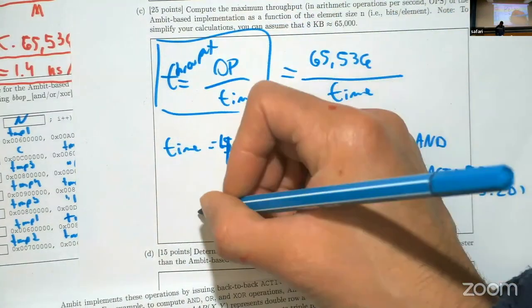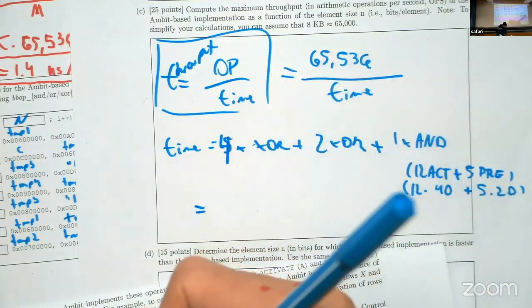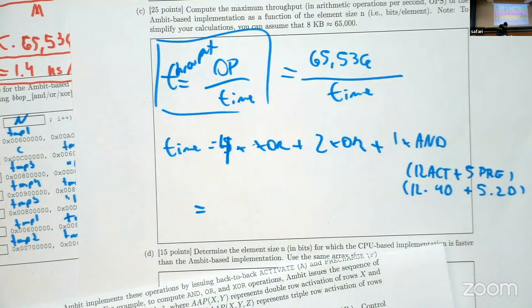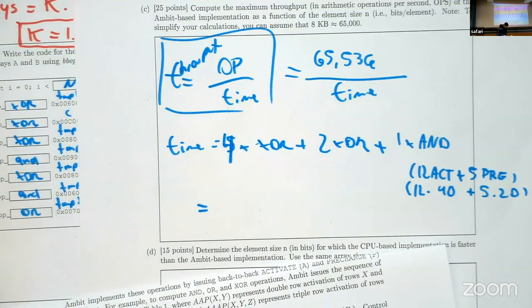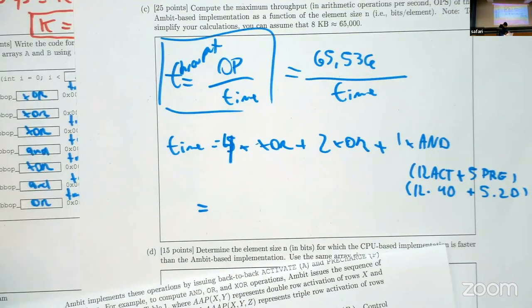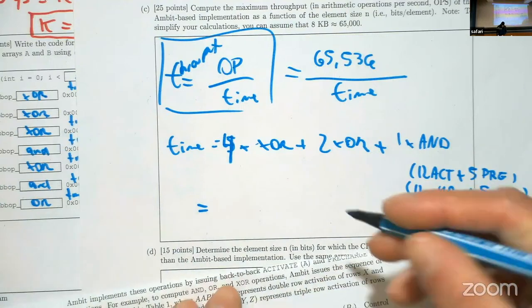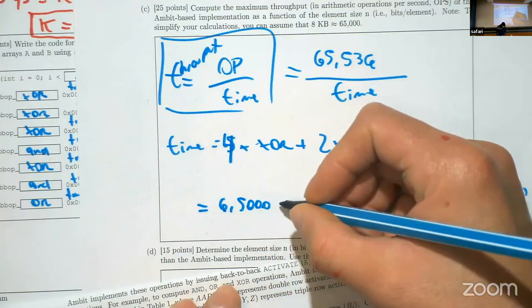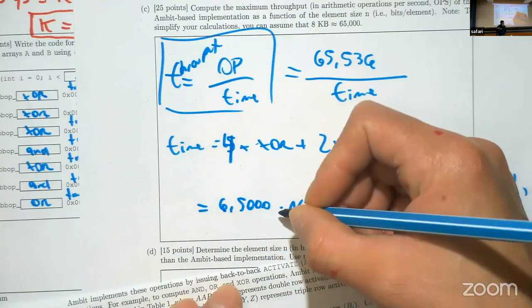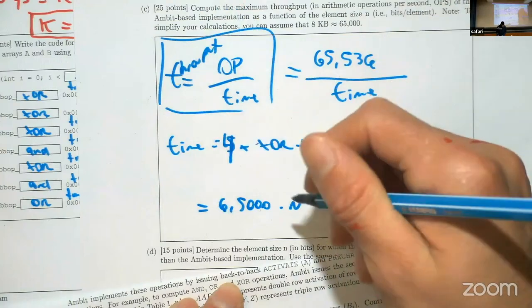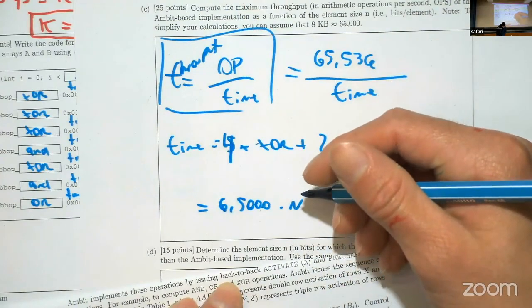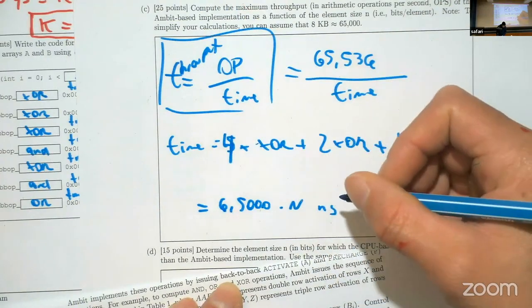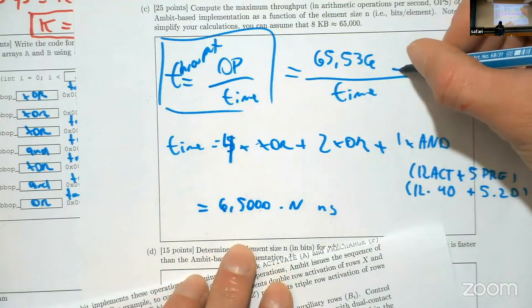It's a bit boring, but it's just counting. This is going to give 6,000 times n. Don't forget the n because it's asking as a function of n, in nanoseconds.